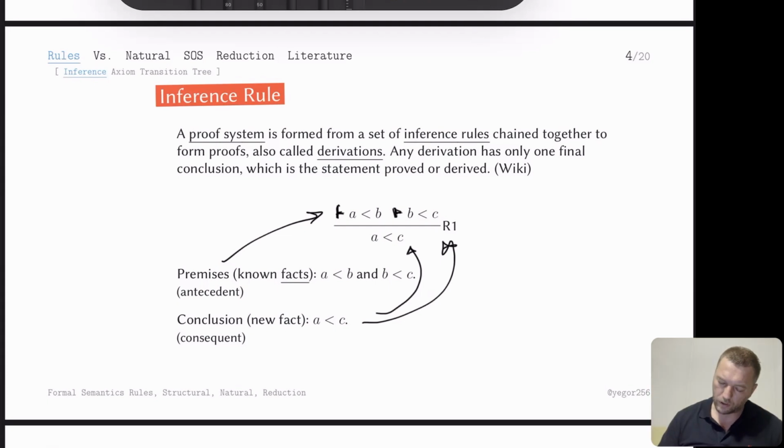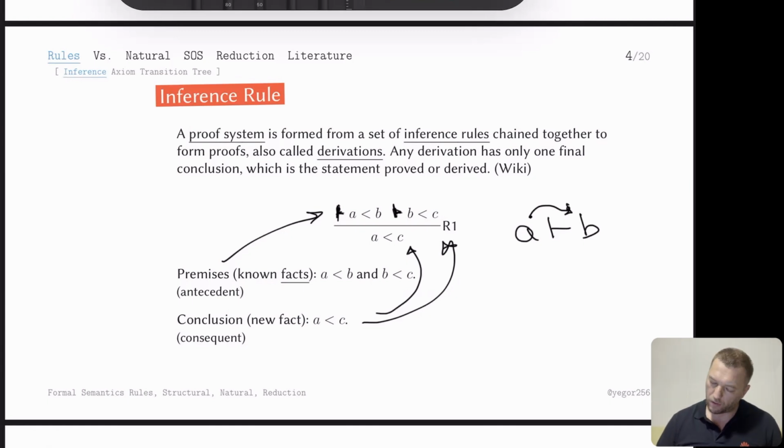Usually it means that there is some environment, and if the conclusion is based on this, we derive the information B. So based on this A, we can say that B is true.